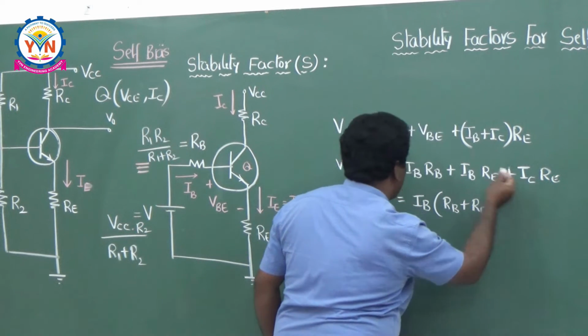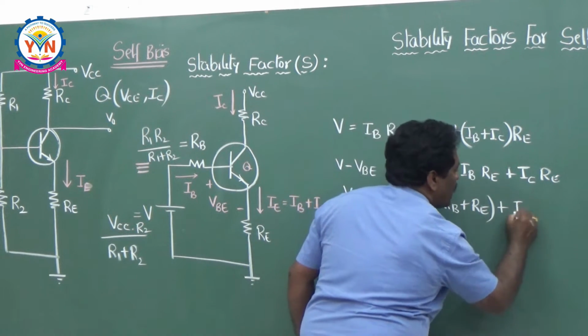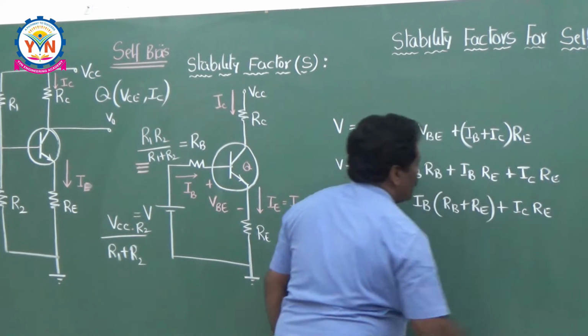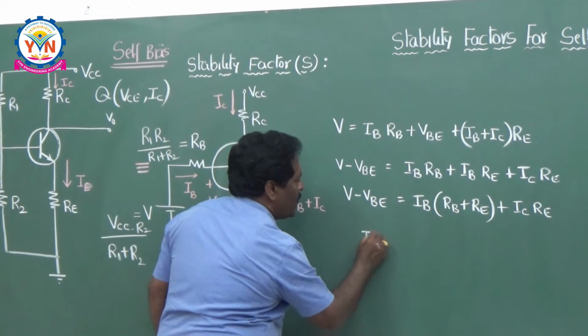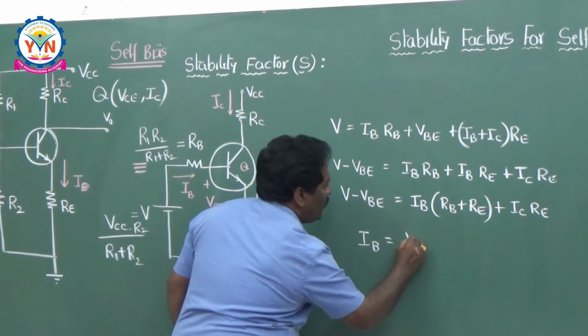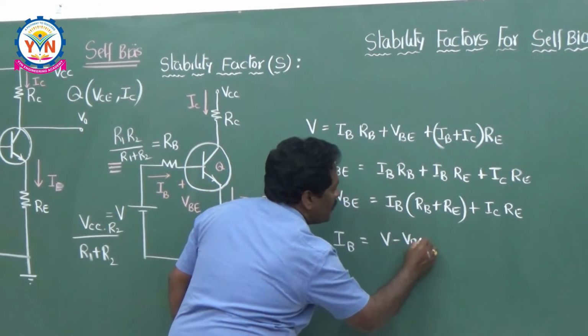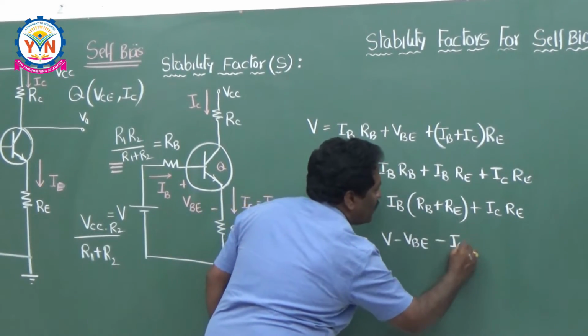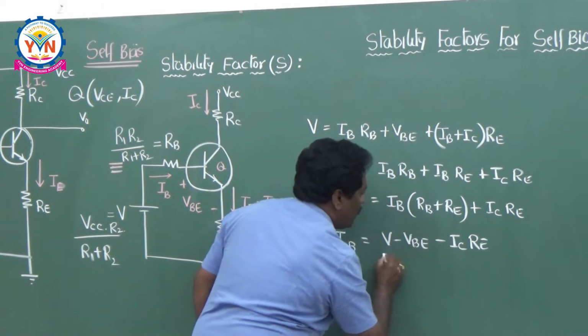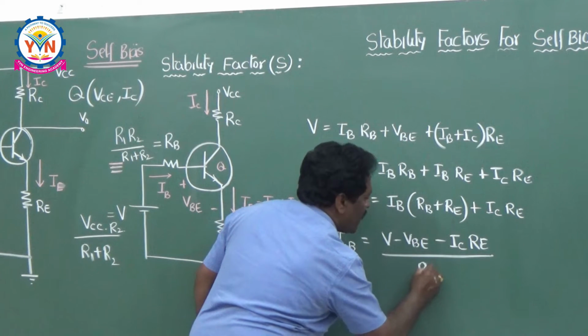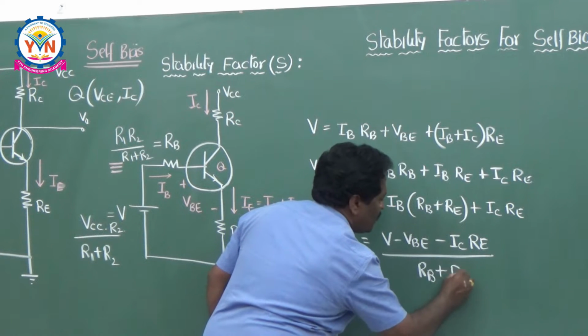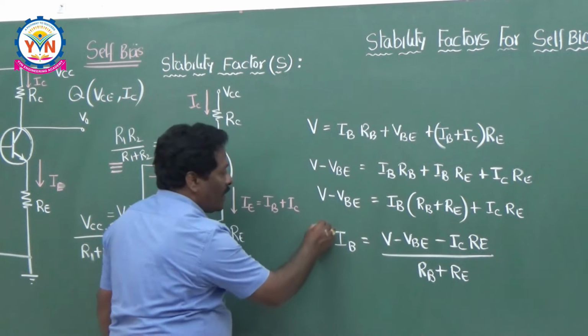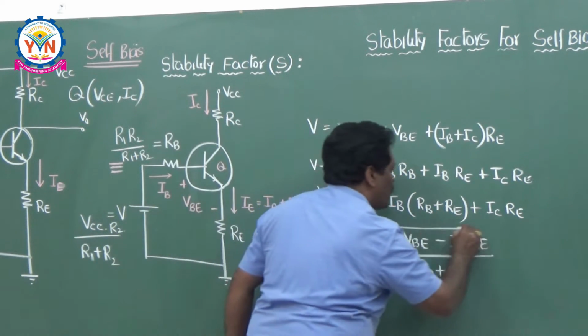I want to take that to the left side, so minus IC into RE. Therefore, what is the value of IB? IB is equal to V minus VBE minus IC RE, divided by RB plus RE. This is the value of the input current IB.